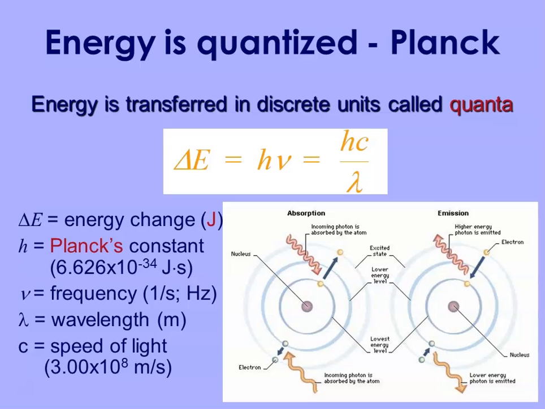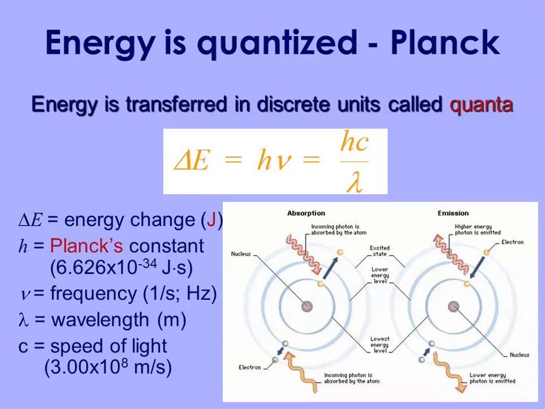The first scientist that we're going to look at, his contribution, Planck, was that energy is quantized. You would need specific inputs of energy or specific outputs of energy for electrons to move between energy levels.